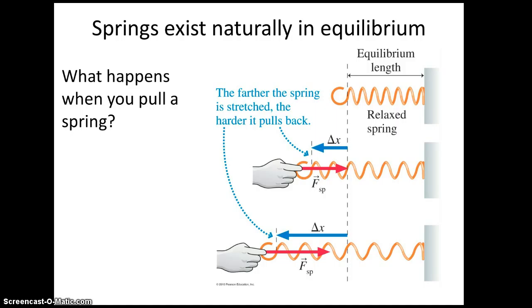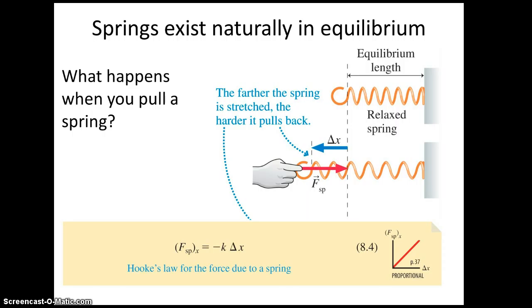And if I pull a spring away from its equilibrium point, like the picture shown here, then that spring is going to pull back on me with a restoring force equal to the force that I use. When we're talking about the force of this spring, we can talk about it in terms of a couple of things. I know just from life experience that if I pull a spring just a little bit, it only pulls back a little bit.